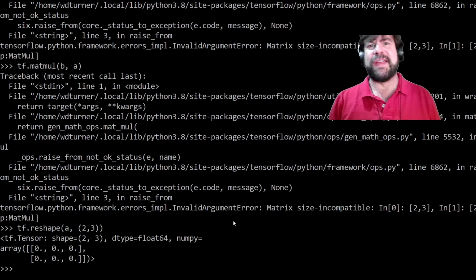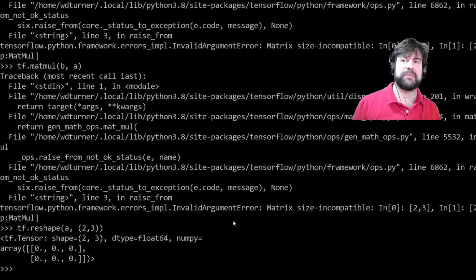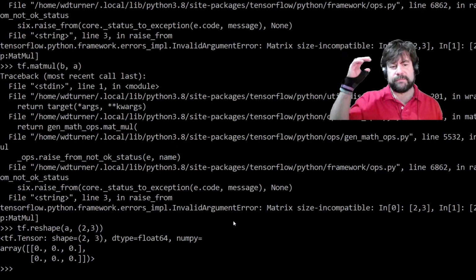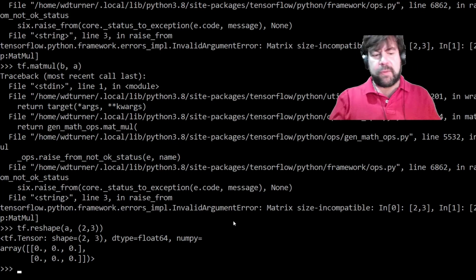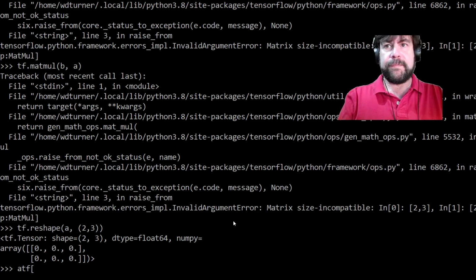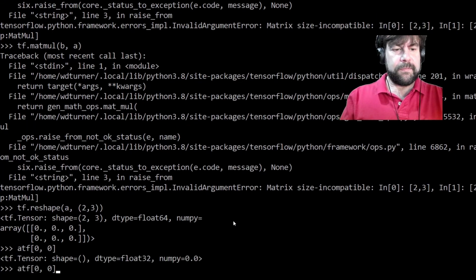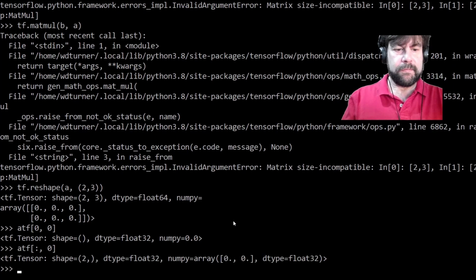MatMul doesn't do a dot product, not a matrix multiply. Anyway, good enough. And then of course you can reference any of the entries. Right, or any of the rows or any of the columns.